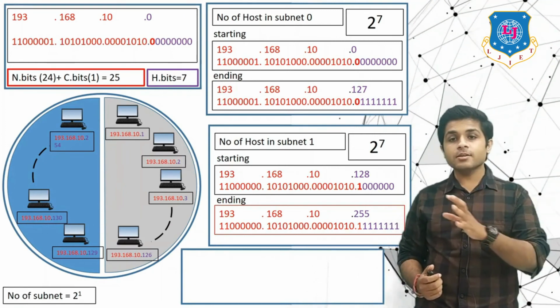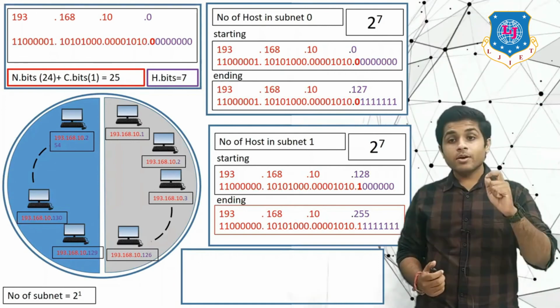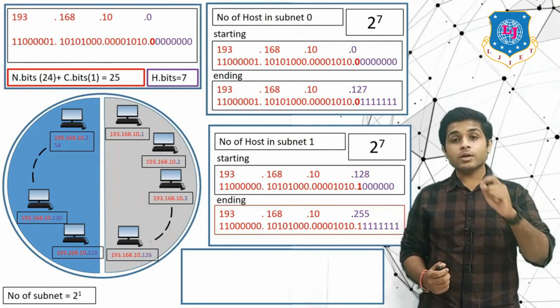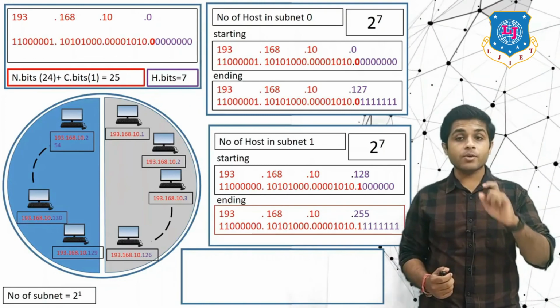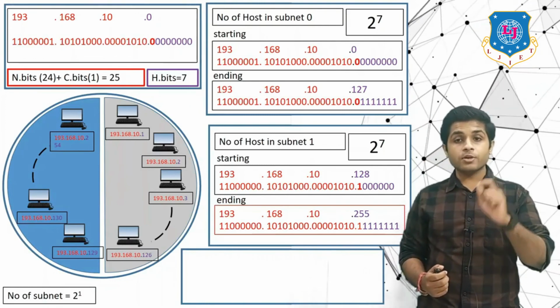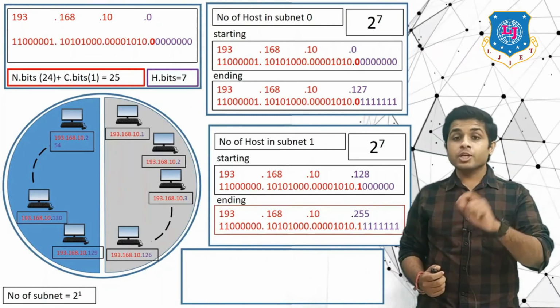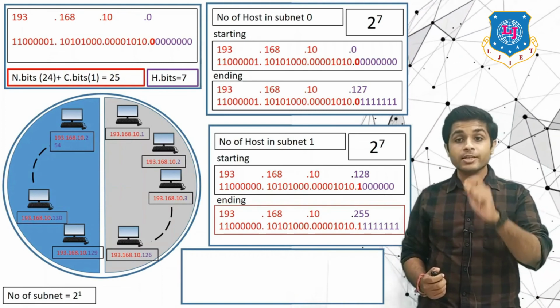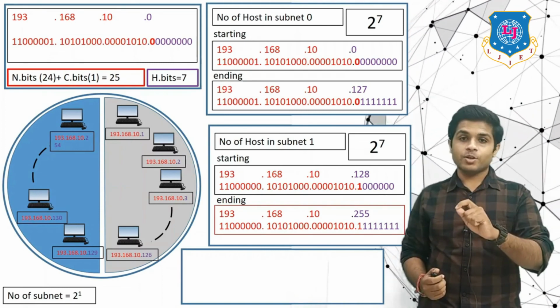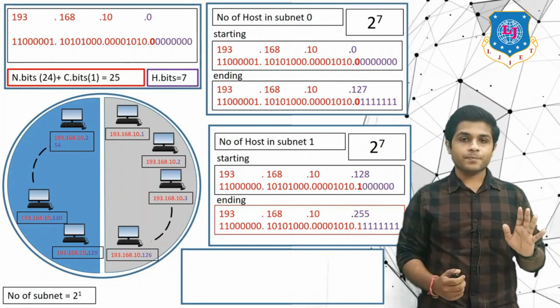That is the broadcast address of subnet 1. If we further increment 1 to the last address of subnet 1, which is 193.168.10.255, you will get 193.168.11.0. So the network is changed.